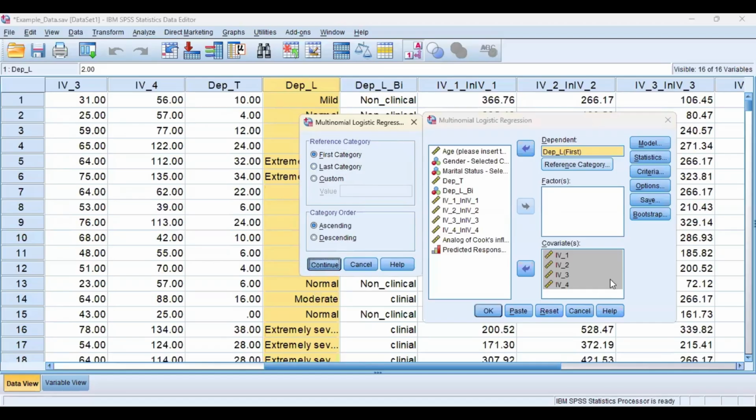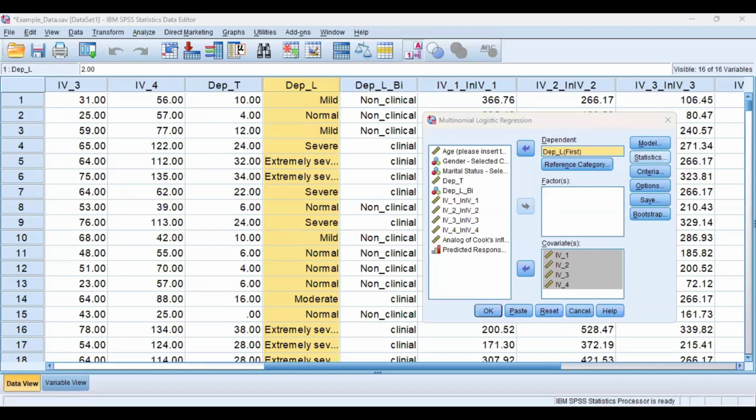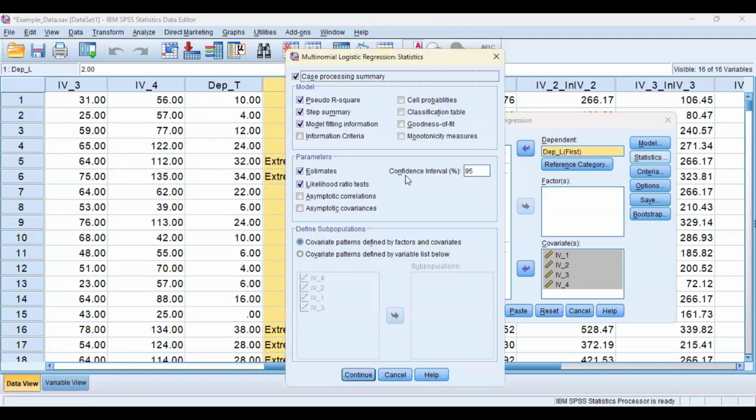So I put continue. The next thing I want to change is to check that everything in the statistics is okay. So here in the statistics, in addition, just make sure that all of these are ticked. By default they should be ticked, but just double check that all of these areas are ticked.